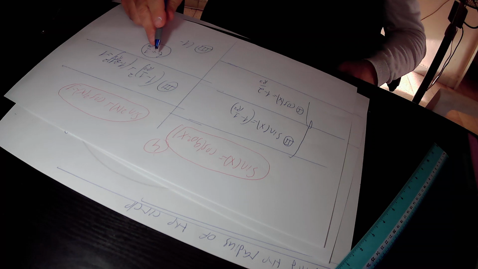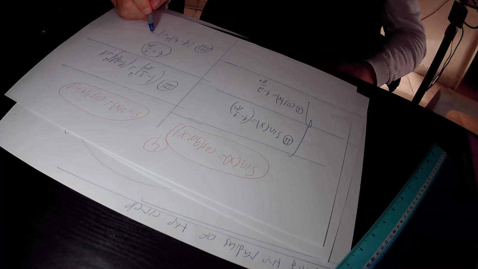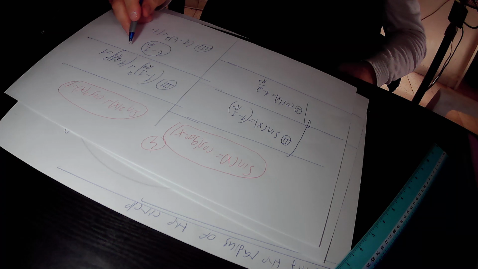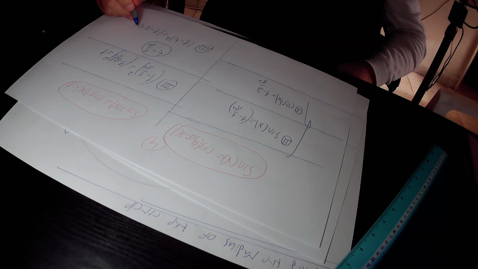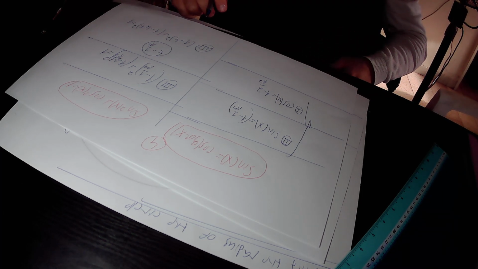So it will be (1 minus t) squared plus, we have here (1 minus 2 times 1 over r squared). So it is (1 minus 2 times t) squared equals 1. So we found out that according to equation 3, (1 minus t) squared plus (1 minus 2t) squared equals 1.